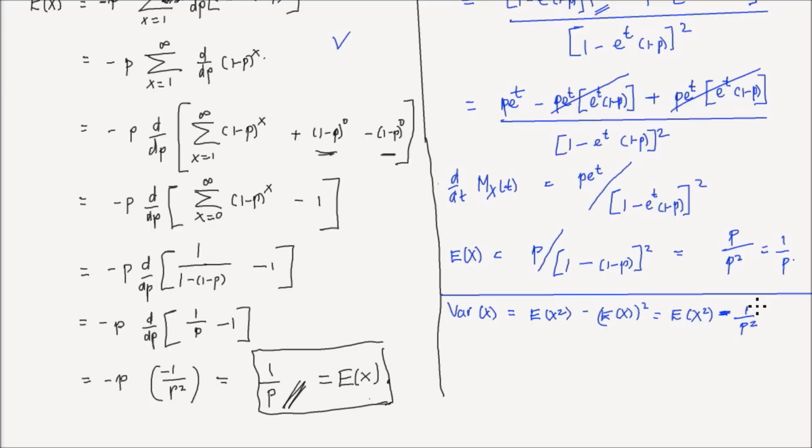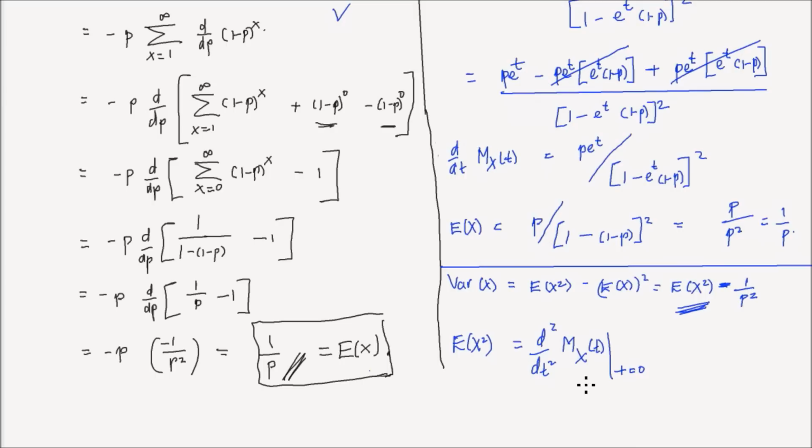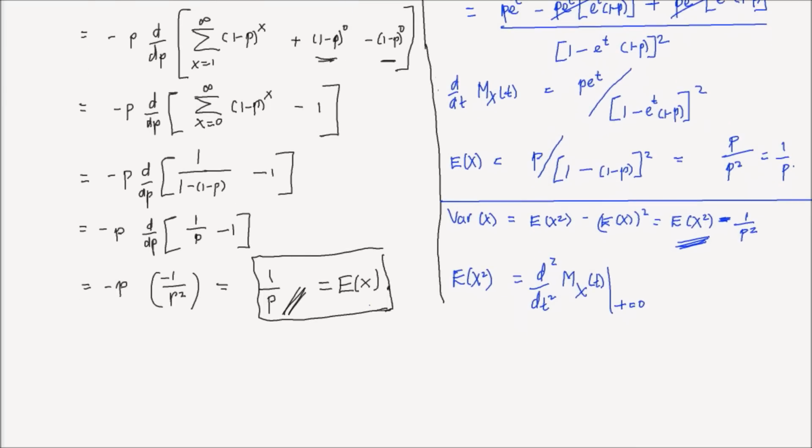So we know that we only need to find the expected value of x squared so that we are able to find the variance of x. But the expected value of x squared is equal to the second derivative with respect to t of the MGF Mx of t evaluated at t equals 0. Therefore, what I need to do now is find the second derivative with respect to t of the MGF.